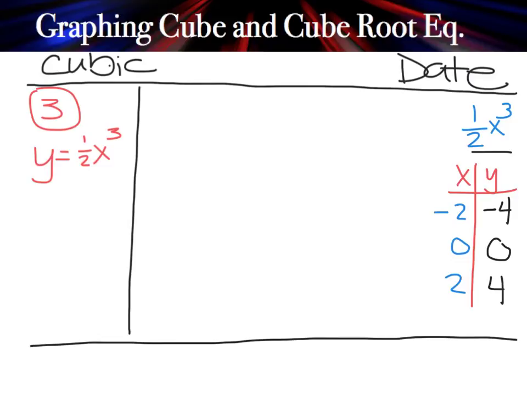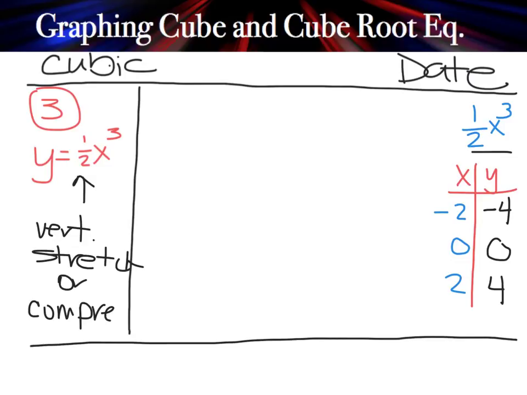Okay? This number right here that's in front of the x cubed is known as the vertical stretch, or compression for that matter. So if it's less than 1, it's going to be a compression. If it's greater than 1, it's going to be a stretch. Okay? So this is vertical stretch or compression. So let's go ahead and do our graph.